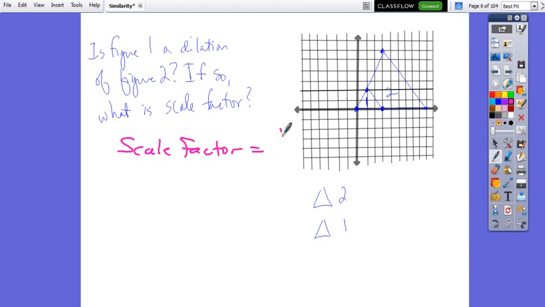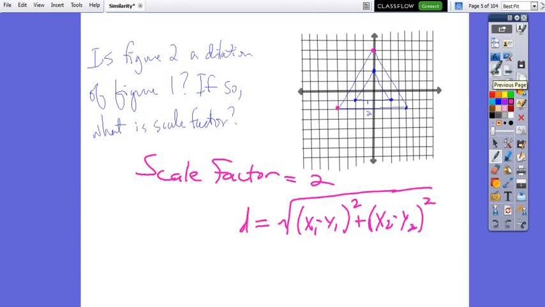Because it's 1/3 the size of the big one. So you got to be careful when it says is figure 1 a dilation of figure 2. That means it's going from 2 to 1. In the previous problem, we were going from 1 to 2 because it says is figure 2 a dilation of figure 1. So you just got to be careful in how it's worded.